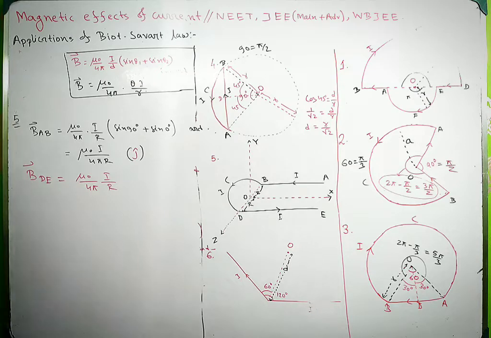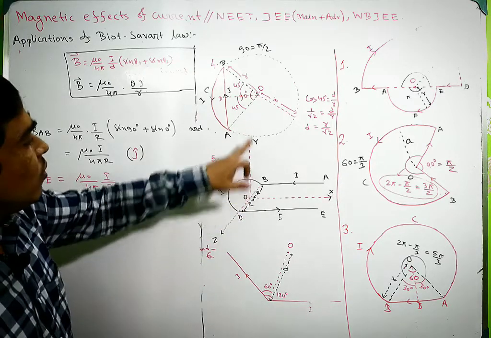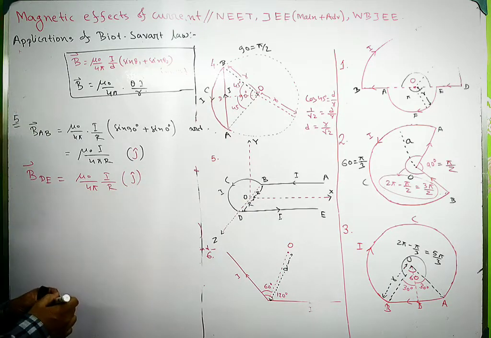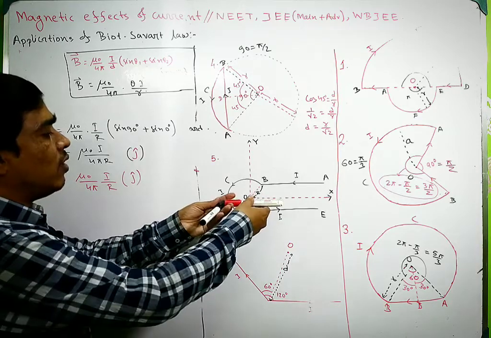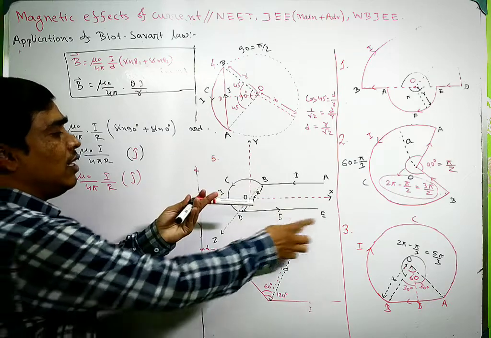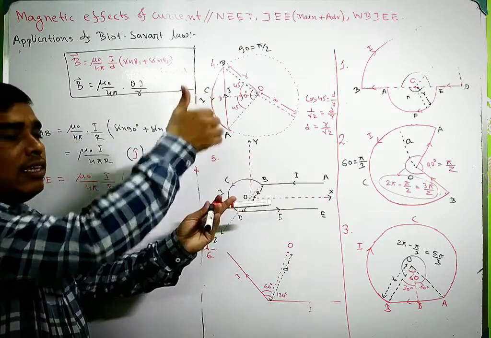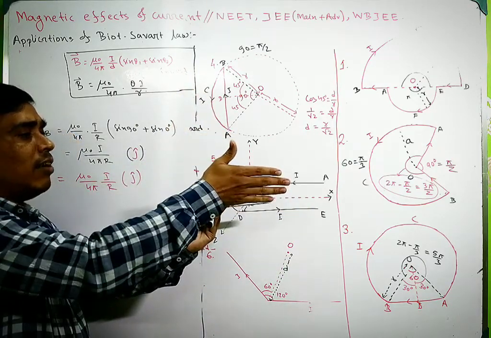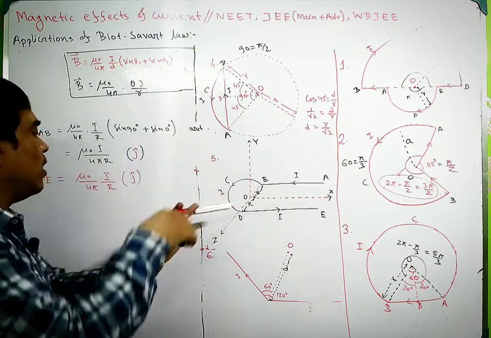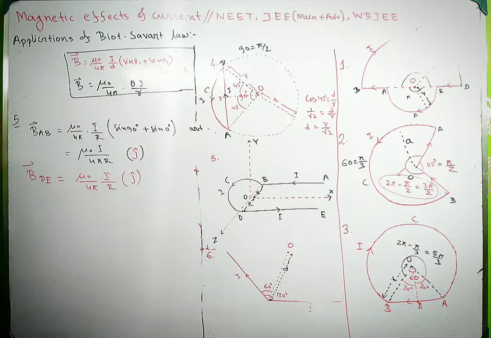Suppose this is the x axis, this is the y axis, this is the DE portion. For the direction of the current along DE, if I move along the direction of r, it is y cap. That's why this is j cap.